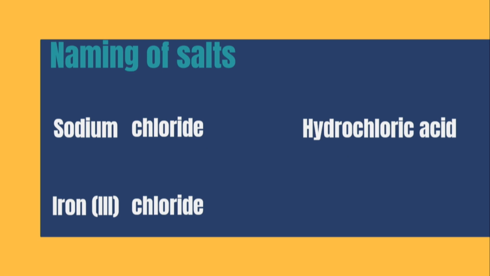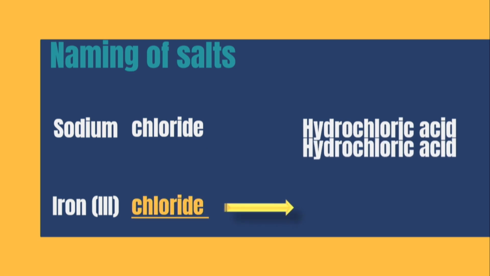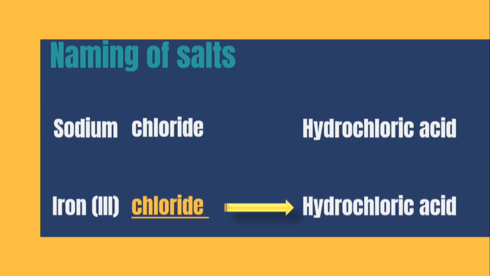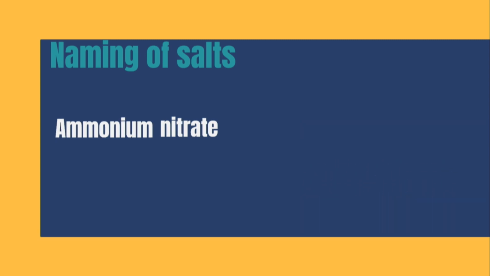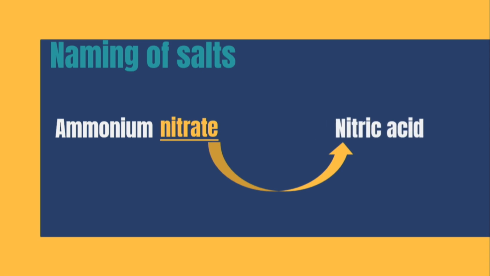Another example is iron(III) chloride, which can also be obtained from hydrochloric acid. Ammonium nitrate. The word nitrate shows that ammonium nitrate can be derived from nitric acid.